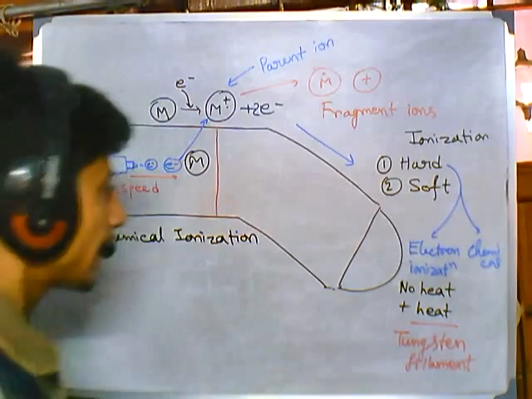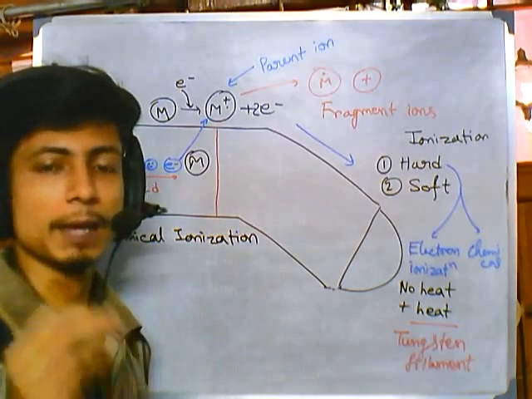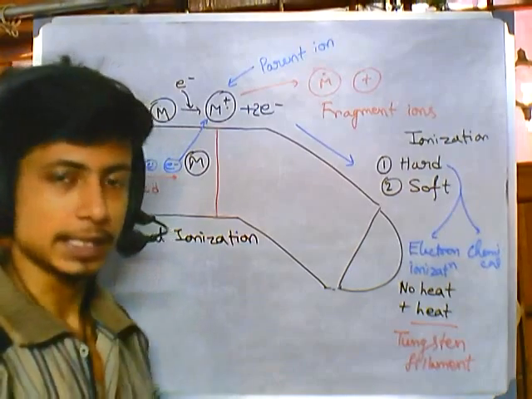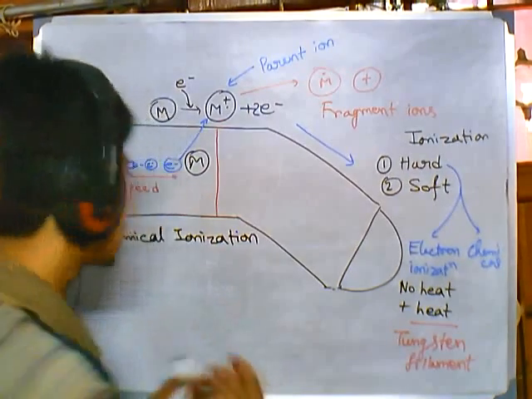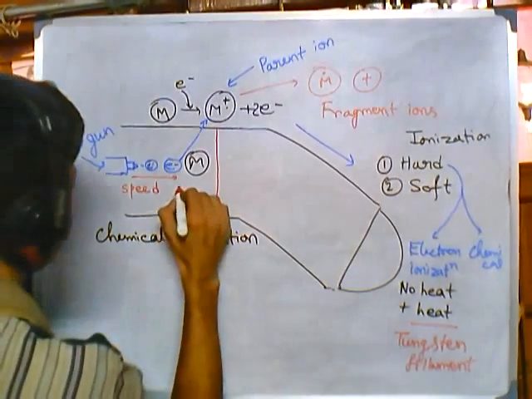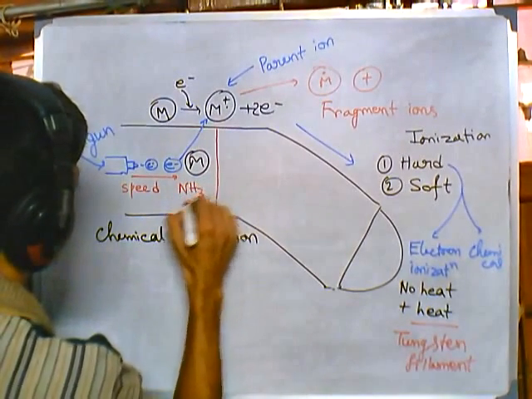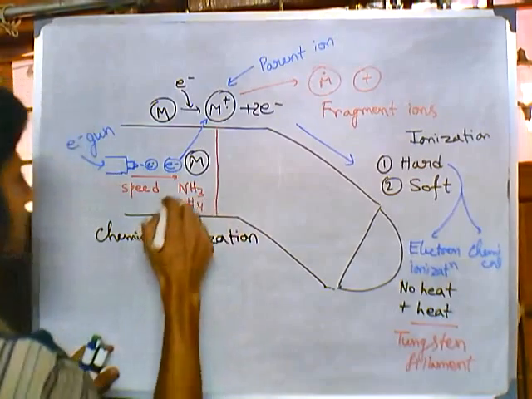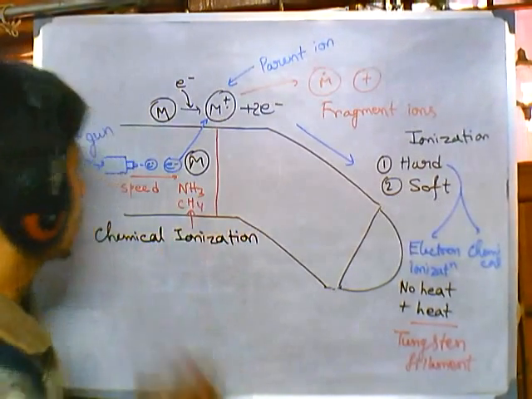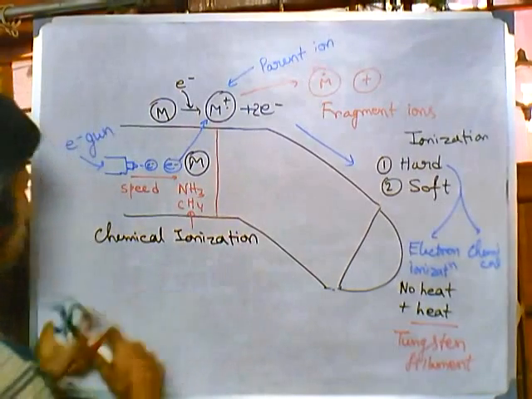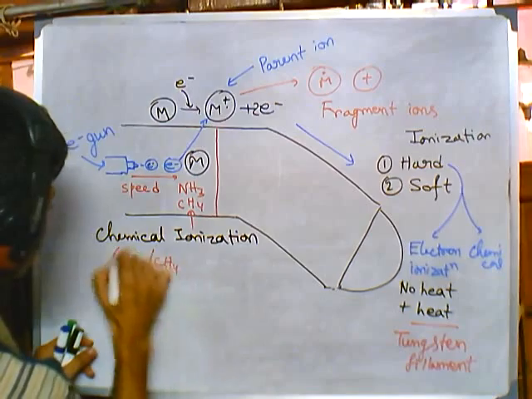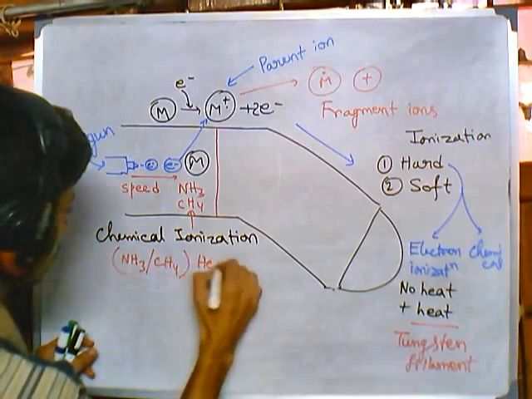Now how? There are chemicals like ammonia and also methane. These are some of the gases that we can utilize in the source region. So let me write it here. We can utilize ammonia, we can utilize methane. We need to have ammonia or methane in the source region, and we heat it.